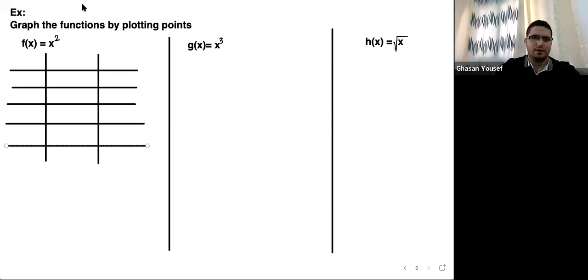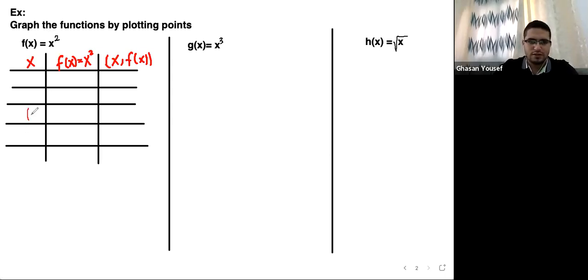Okay, so here is my x. This is my f of x equal x squared. And this is the ordered pair x and f of x. Okay, which point would you like to use? Can you give me random points for x?